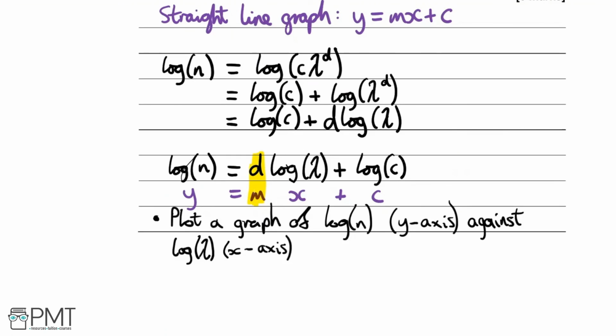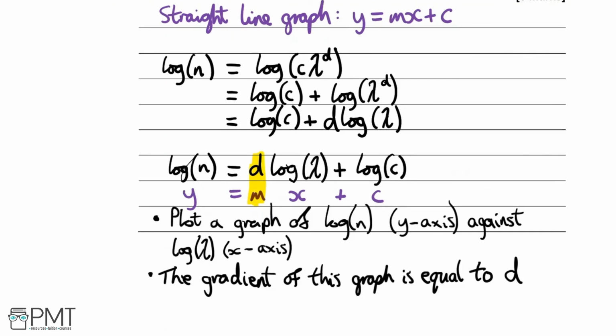Plot a graph of log n on the y-axis against log lambda on the x-axis. When something's plotted against something else, that automatically means y against x anyway, so you don't really need to mention the y and x-axis. The gradient of this graph is equal to d, as can be seen from the straight line graph equation, represented by that value m.